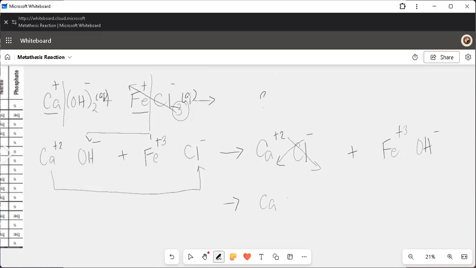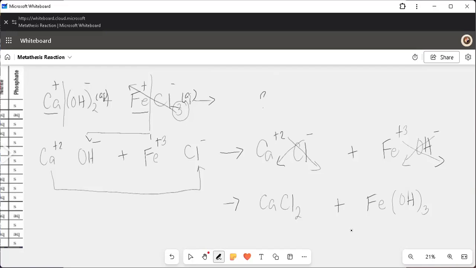Ca, Cl2. Do the crisscross. Fe parenthesis OH3. So we need to put parentheses to emphasize that the 3 here is for both the O and the H. So that's why you need to put parentheses.